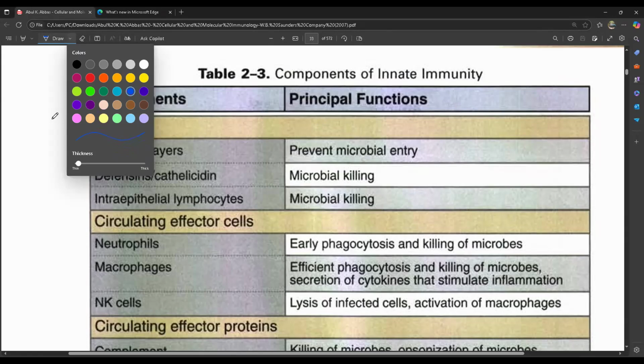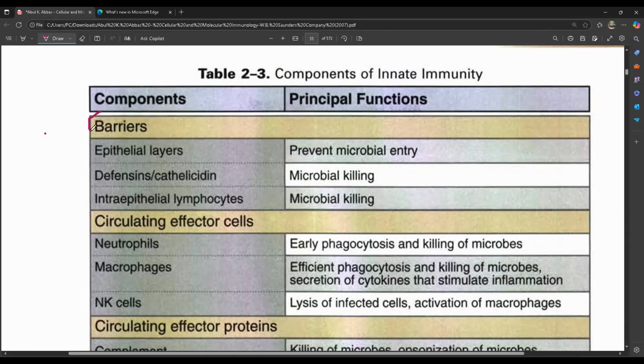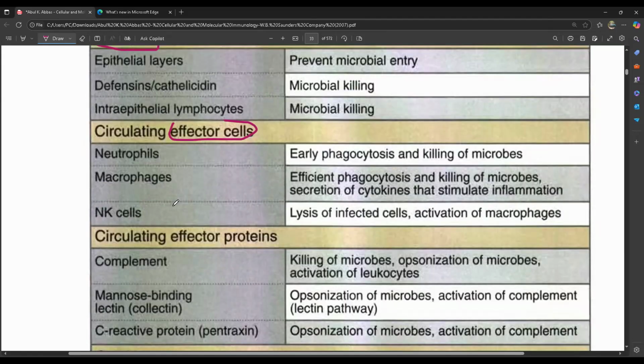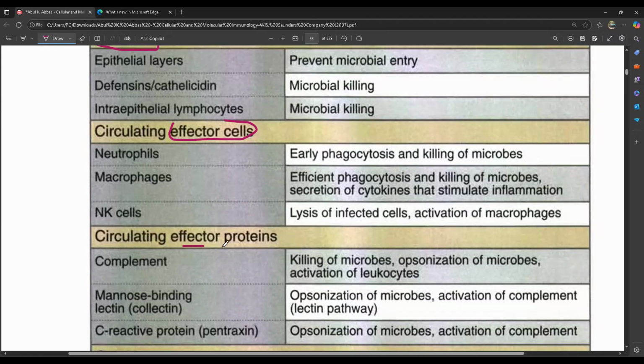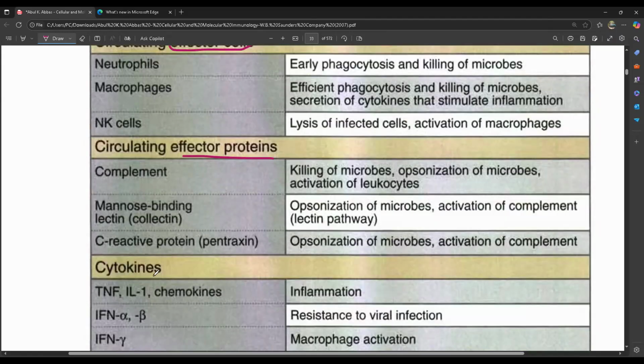So here we see the components. These barriers are epithelial layers, defensins and cathelicidin, intraepithelial lymphocytes, and circulating effector cells. So the components are barriers, circulating effector cells, circulating effector proteins, and cytokines.